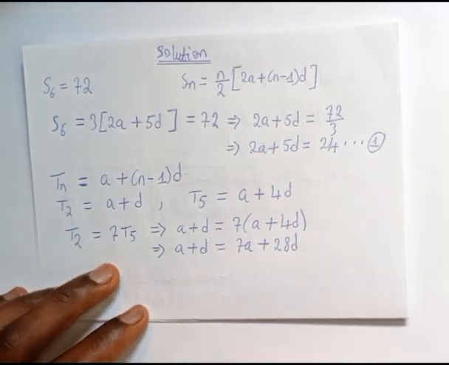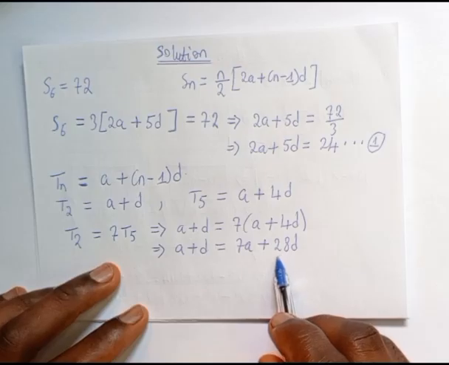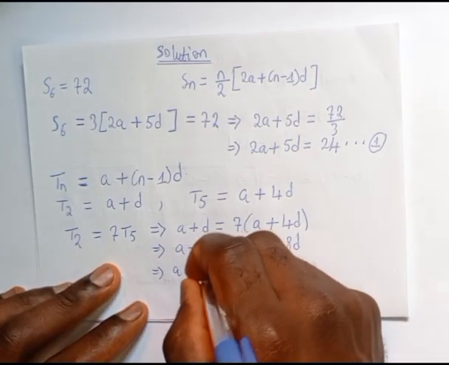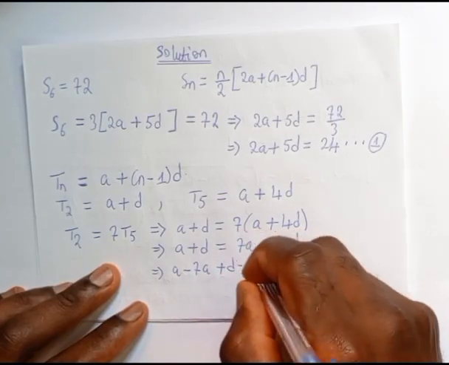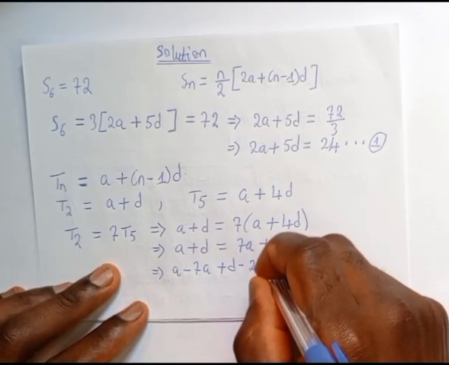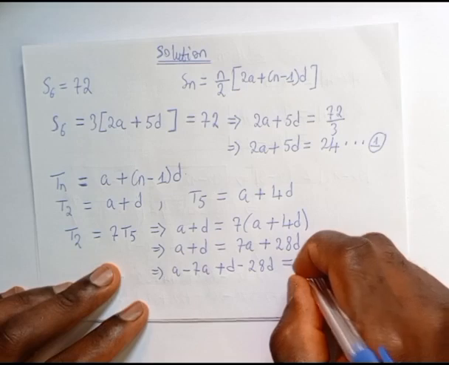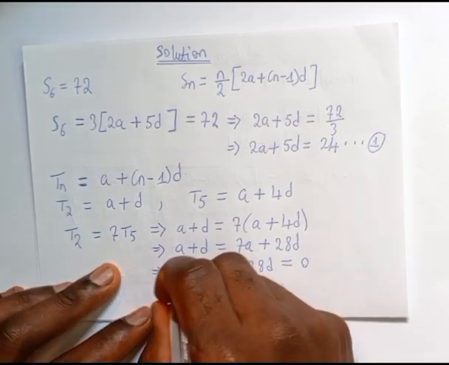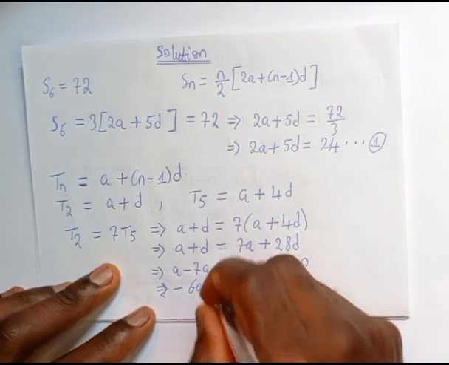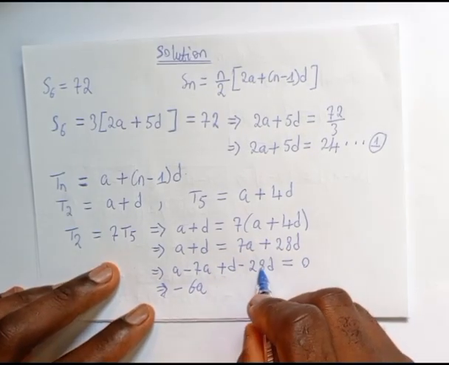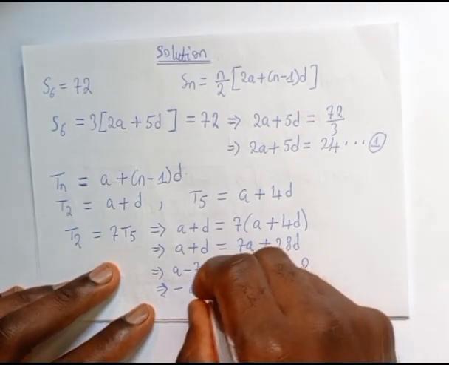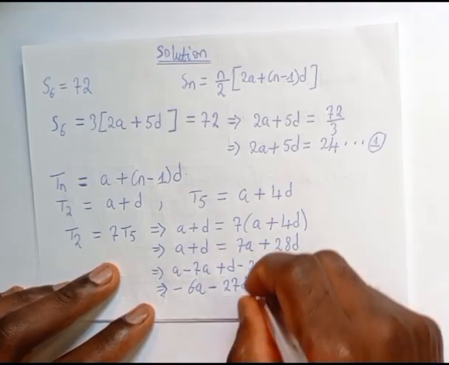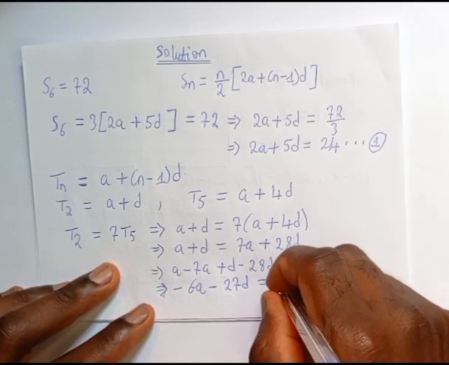Next, we are going to transfer the terms to the left hand side. This will give us a minus 7a plus d minus 28d is equal to 0. Then a minus 7a gives us negative 6a. d minus 28d gives us negative 27d is equal to 0.